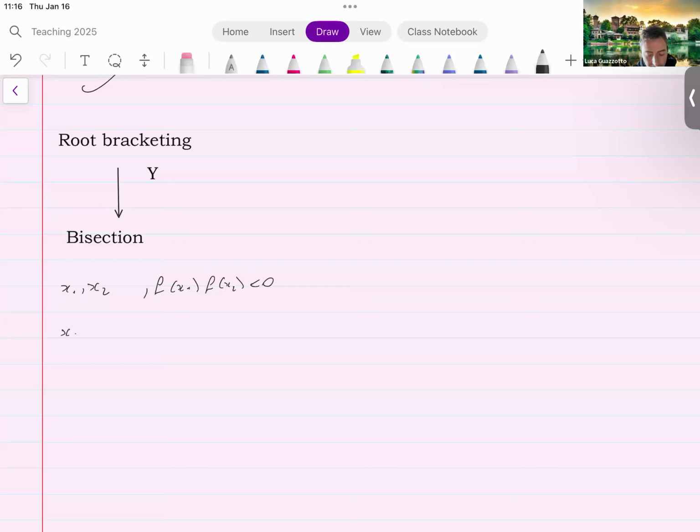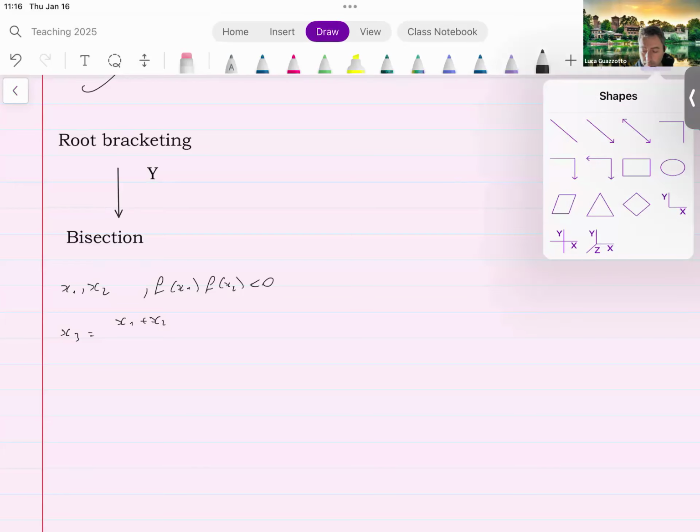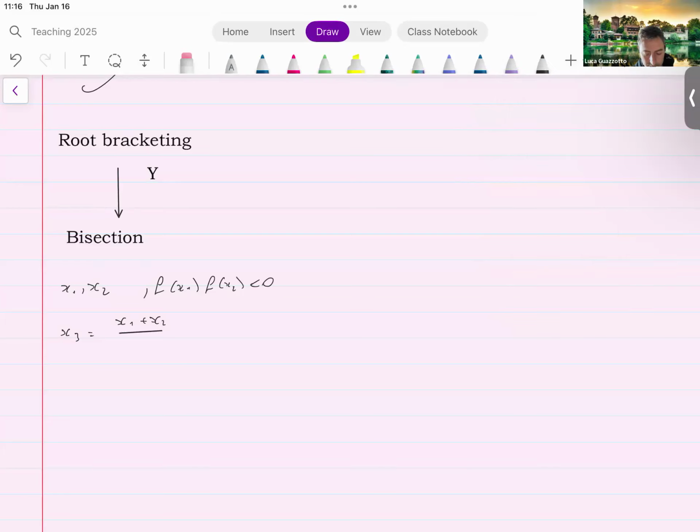Point x3 is going to be given by this expression.